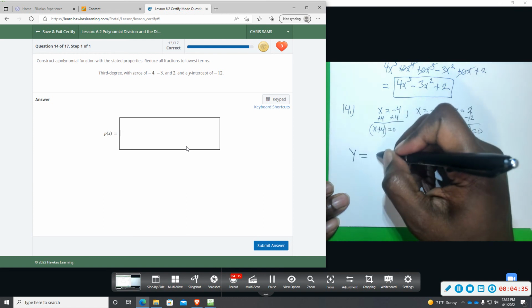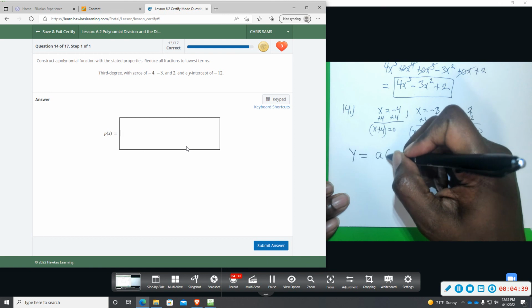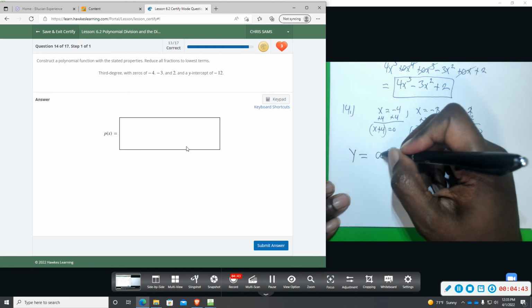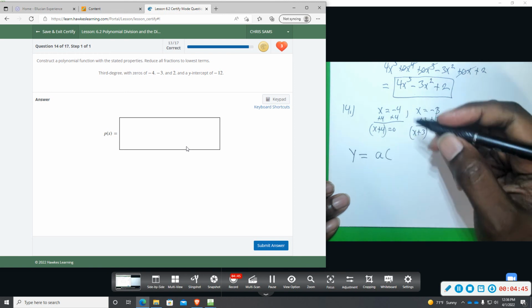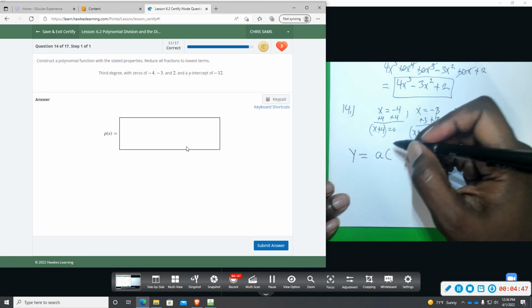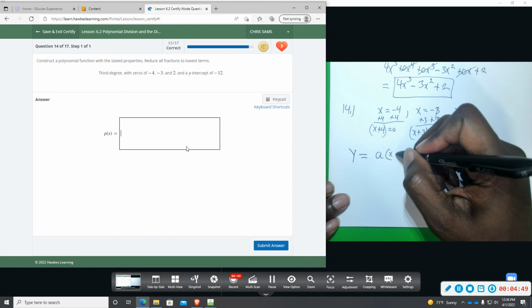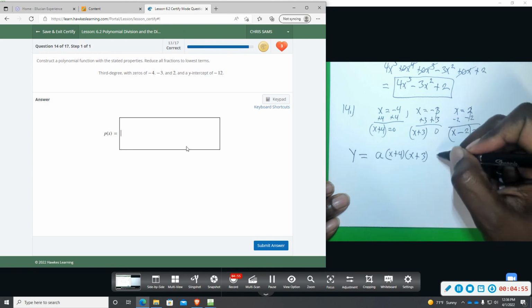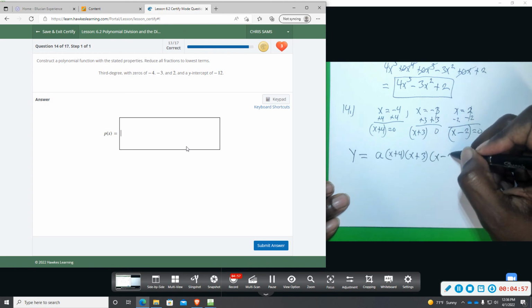Now sometimes there's a coefficient, so we put an a out front, if we're given some other information. Otherwise, we just assume that it's 1. And then I'm going to list all these linear factors. So x plus 4, x plus 3, and then x minus 2.